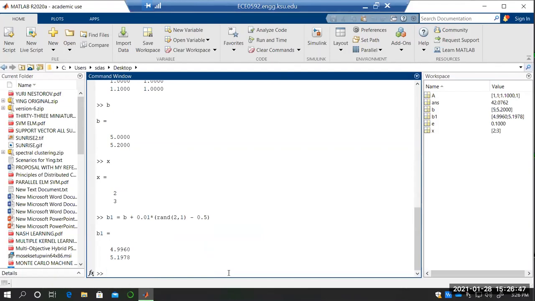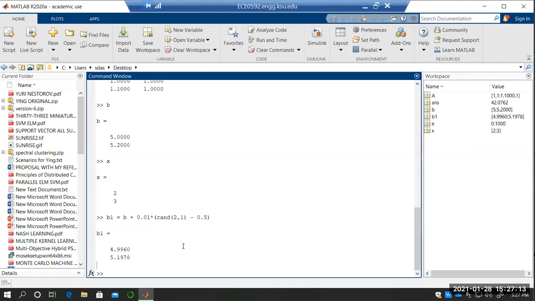It's different from B. Look at how rand works: basically, this is a random vector whose coefficients are between plus 0.5 and minus 0.5, and then I multiplied it by 0.01.